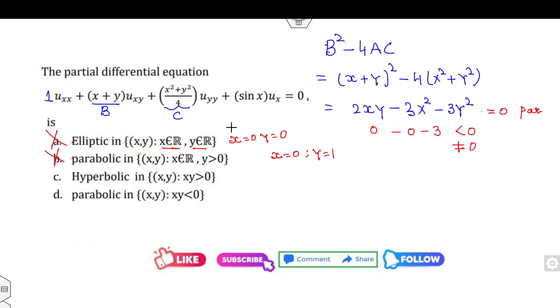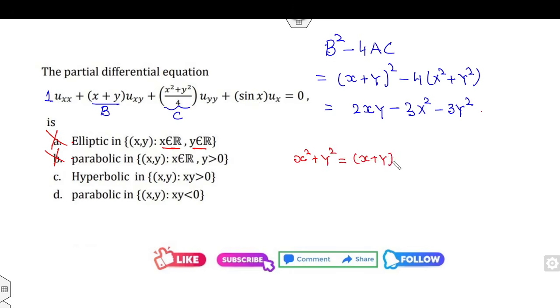Now the product will be greater than 0, the product will be less than 0. Now I can try to express things in terms of the product. How can you do it? I can write this expression as (x plus y) whole square minus 2xy. I can substitute this value in this expression, so this will be minus 3 times (x plus y) whole square plus 8xy.